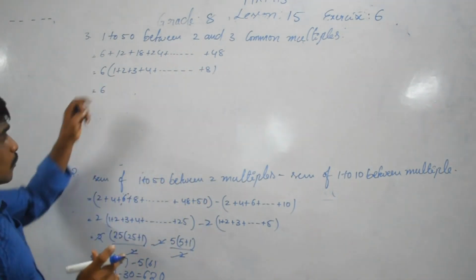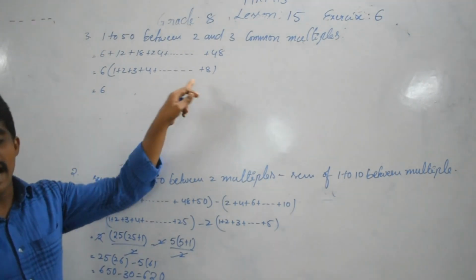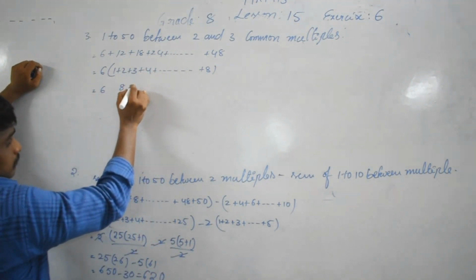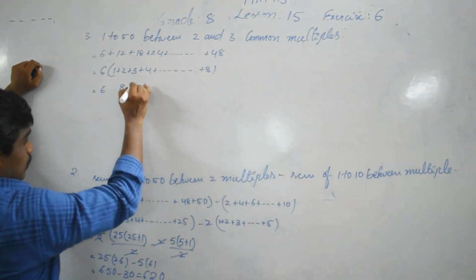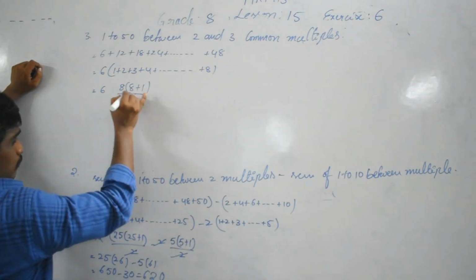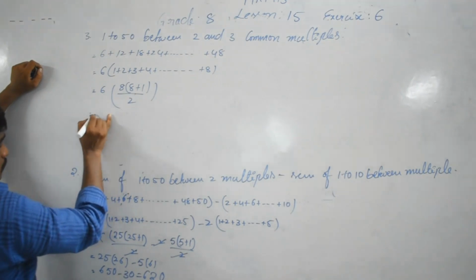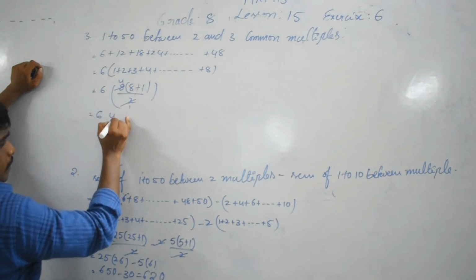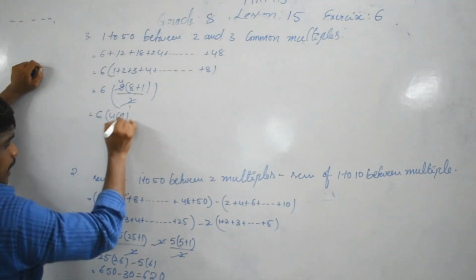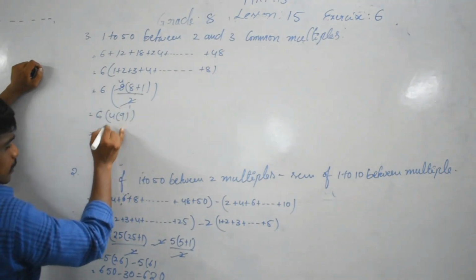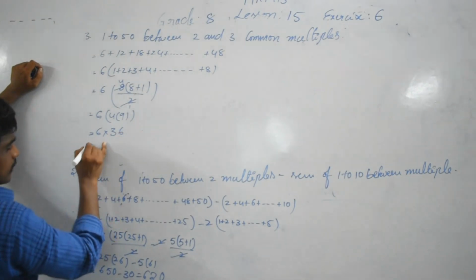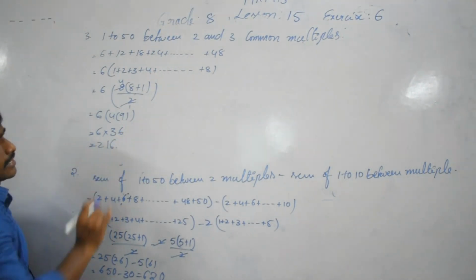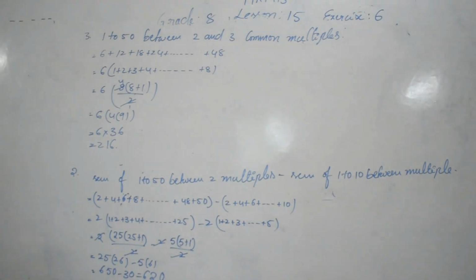So here 1 to 8 are consecutive natural numbers: 8 times (8 plus 1) by 2. So 6 crossed out, 2 ones are 2, 2 fours are 8... 4 nines are 36, and 36 times 6 is 216. Right.